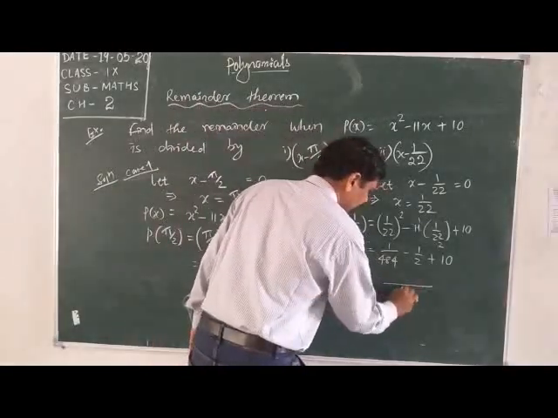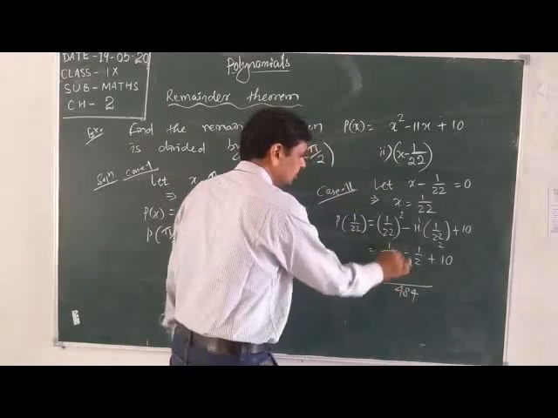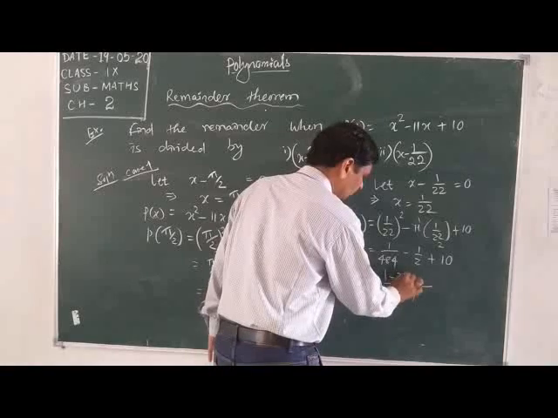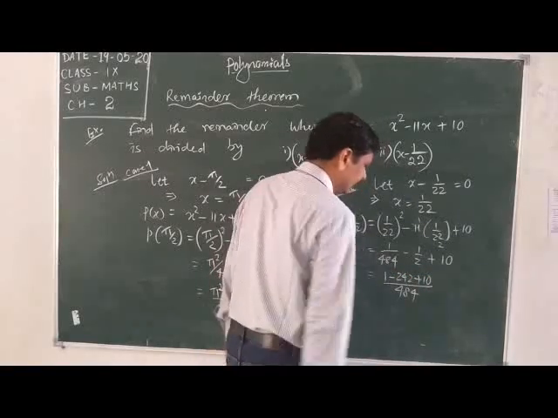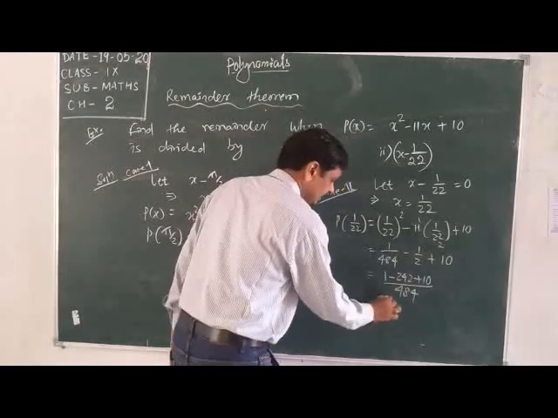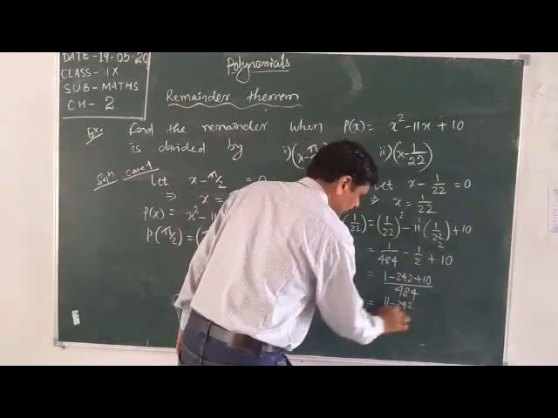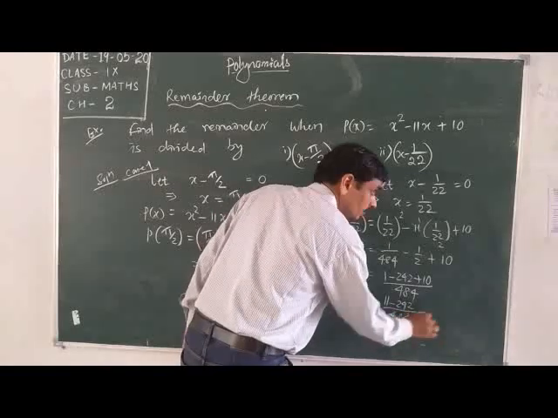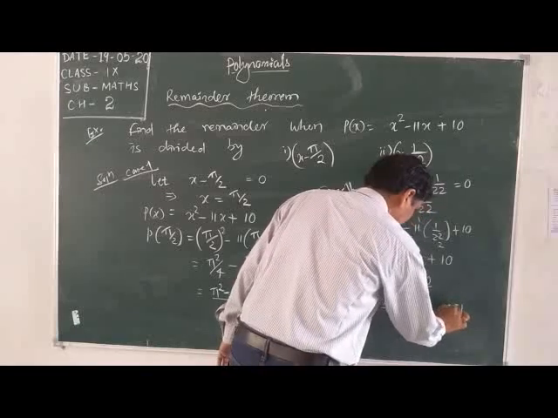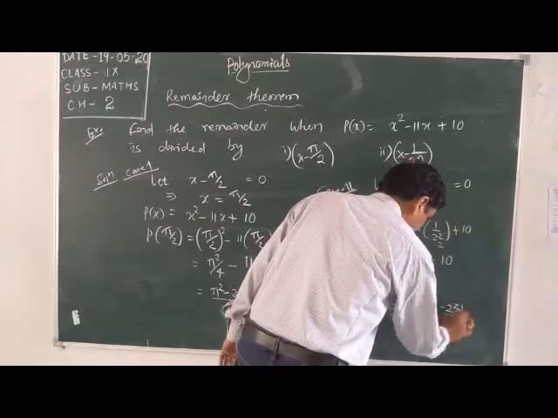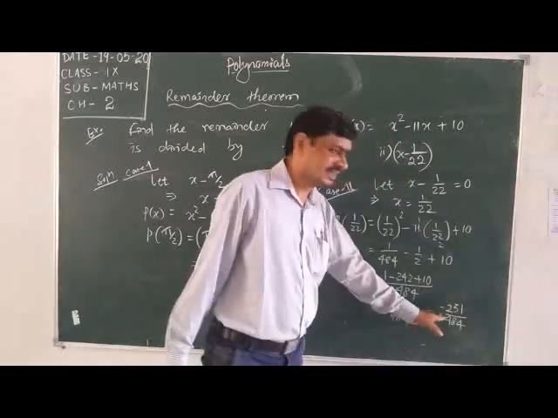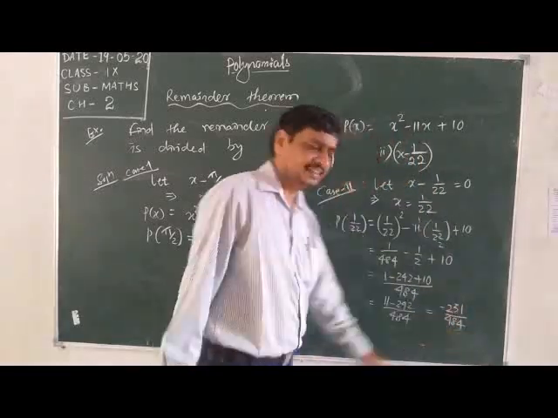Now the LCM will be 484. The numerator is 1 minus 242 plus 10. 1 plus 10 is 11, minus 242 over 484. It becomes minus of 231 by 484.